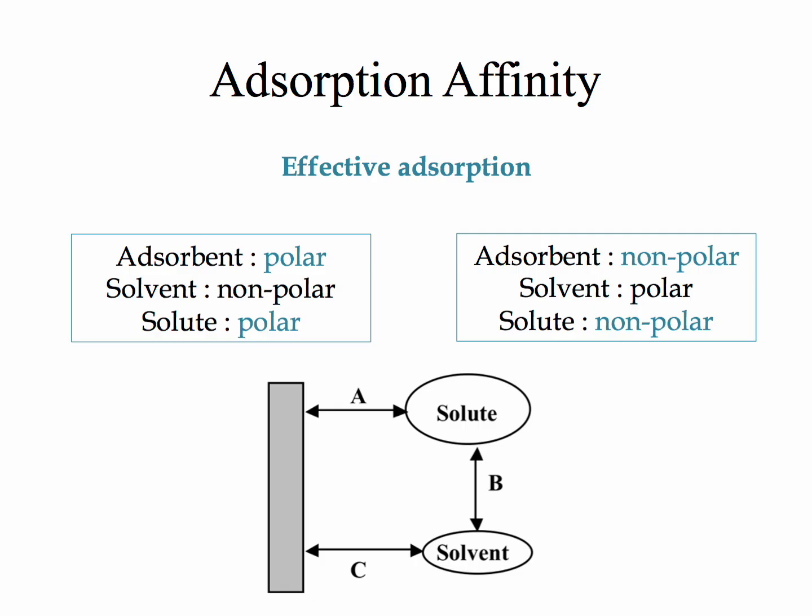The important key point here: absorption is favored when the solid-surface interaction is stronger than the solvent-surface interactions, and when the solute is more compatible with the surface than the solvent.